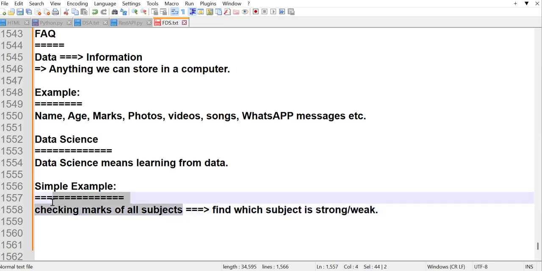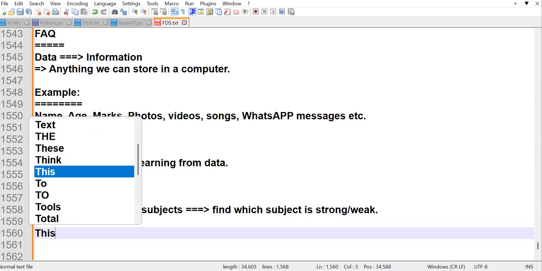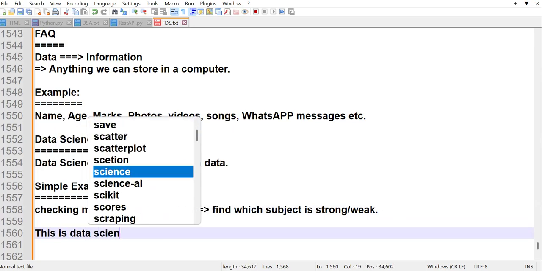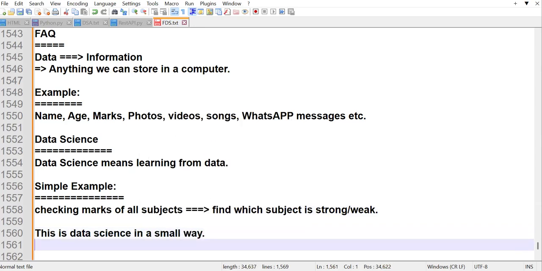You will say that particular person is strong in that subject, and those two persons are weak in math. Like that you can predict. So this is data science in a small way.